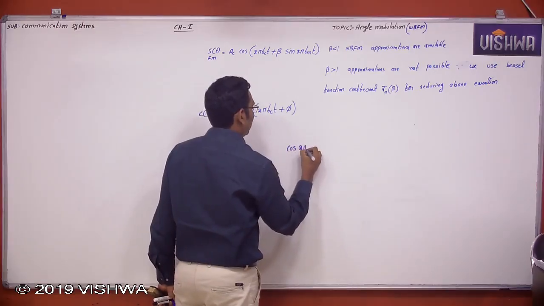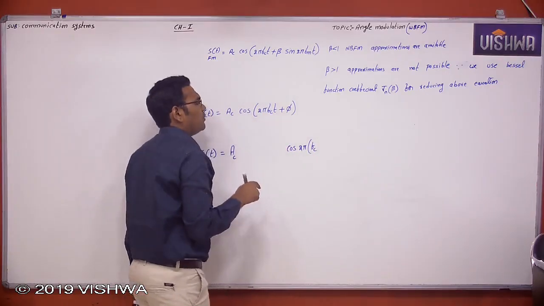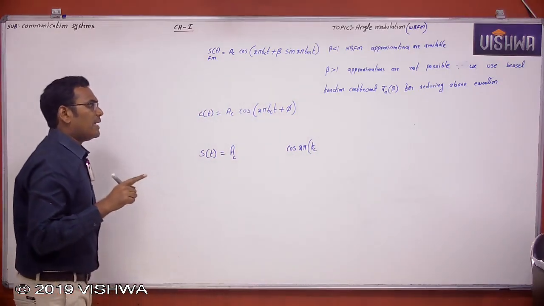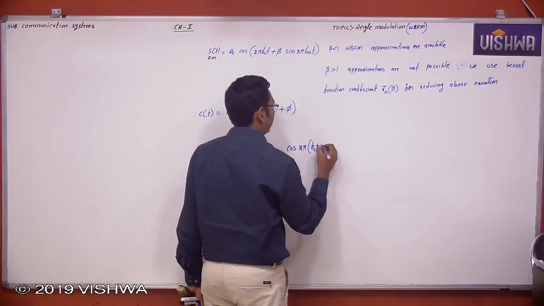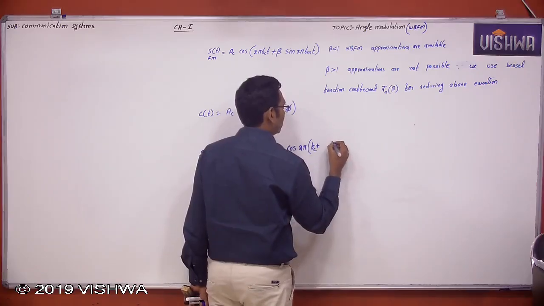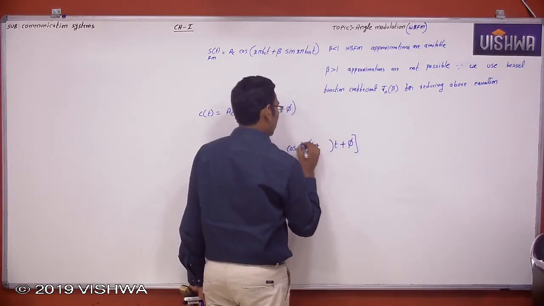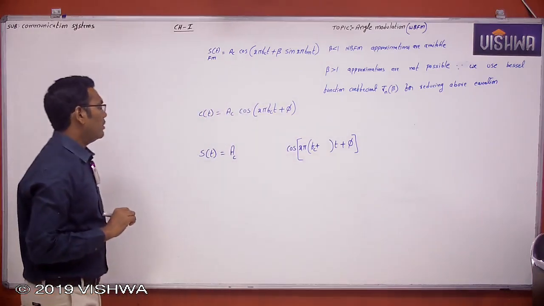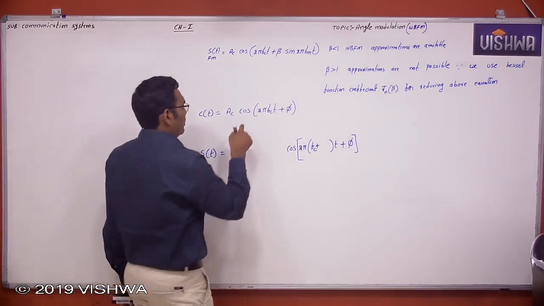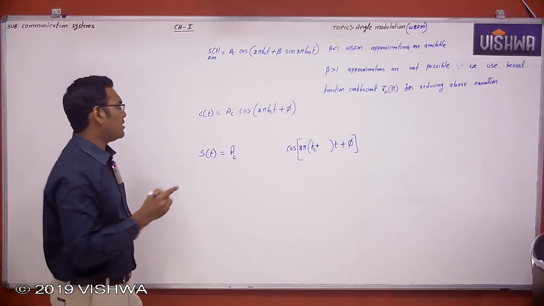What is the phase of the carrier before modulation? Phi. The phase of the carrier after modulation is also phi. There is no change in phase, and no change in amplitude. Right?